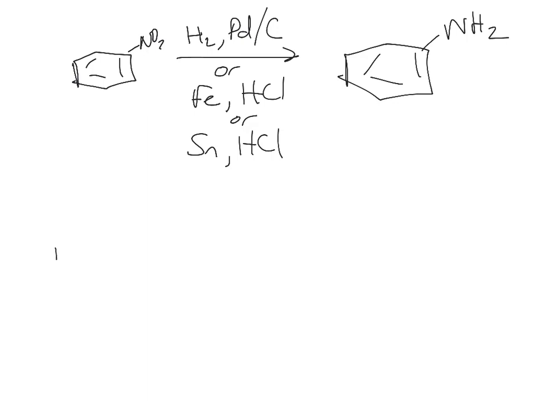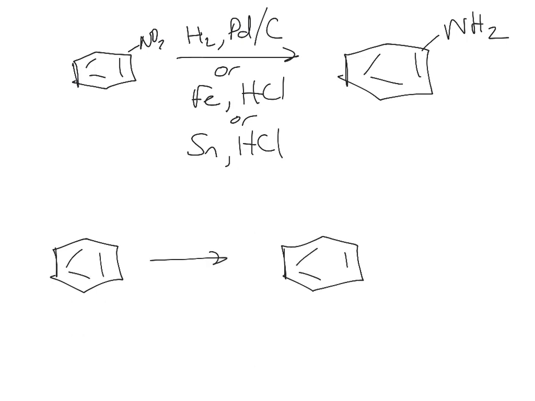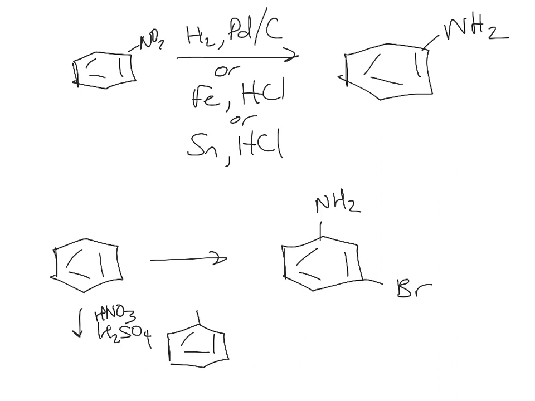So, for example, if I wanted to take benzene and make meta-bromoaniline, what I could do would first be add HNO3 and H2SO4, so nitric acid and sulfuric acid. That would put an NO2 on.